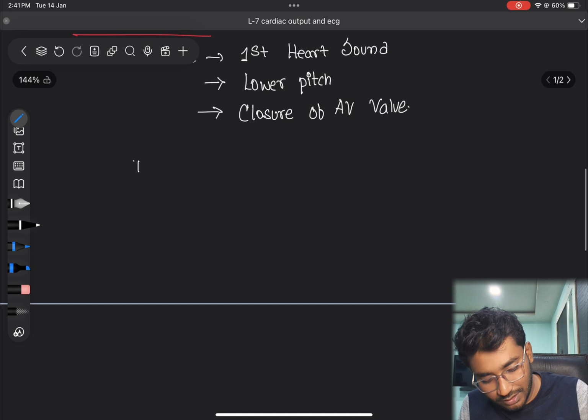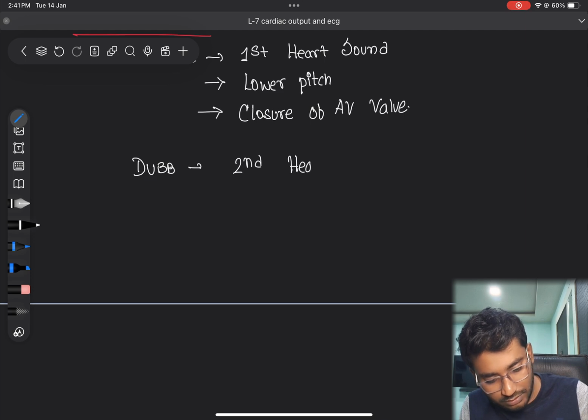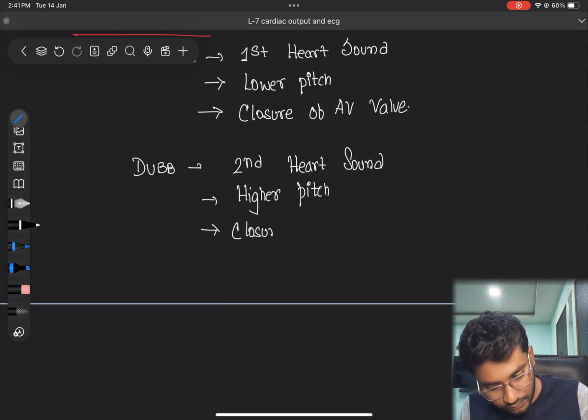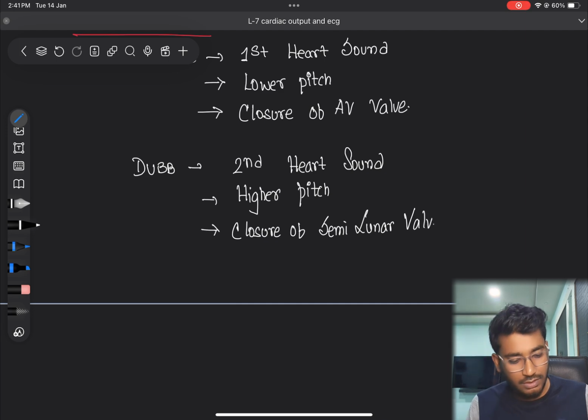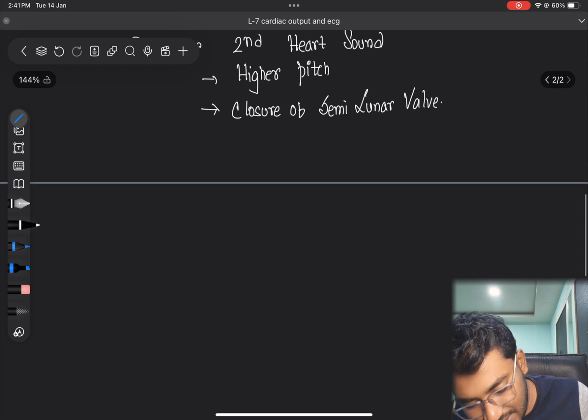The second heart sound is higher in pitch. It is the closure of the semilunar valve. Okay, the dub is the second heart sound. It is higher in pitch and is the closure of the semilunar valve.